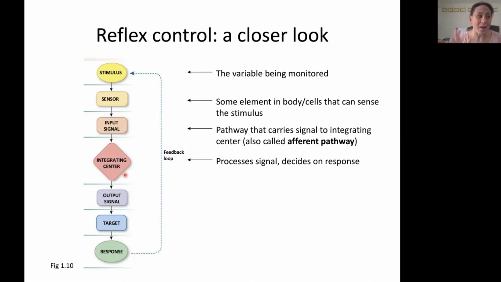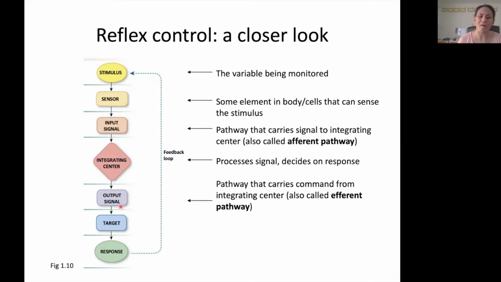It's going to decide what to do about that, okay? Then it's going to send that signal through what we call the output signal or the efferent pathway. Again, I prefer the term efferent pathway because it's a pathway, okay? And that's going to carry the command away from the integrating center out to the rest of the body to bring about the response, okay?